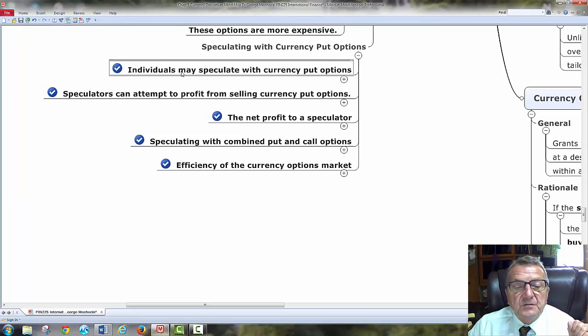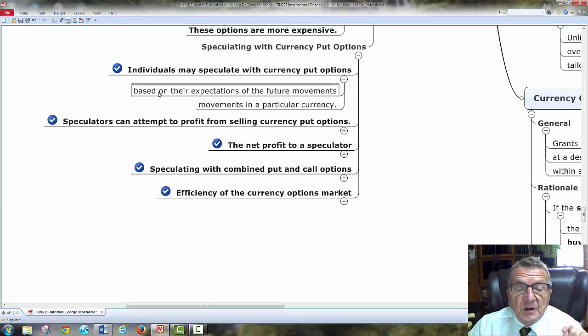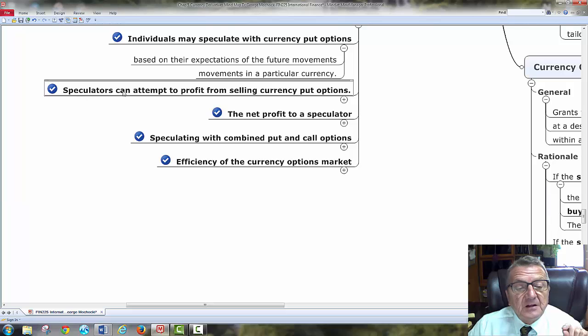Individuals may speculate with currency put options based on their expectations of future movements in a particular currency. Remember, we're looking globally at many countries, depending on where a multinational corporation is working, or if you're an individual, like with stocks, you'll find which ones you're comfortable with before you expand.